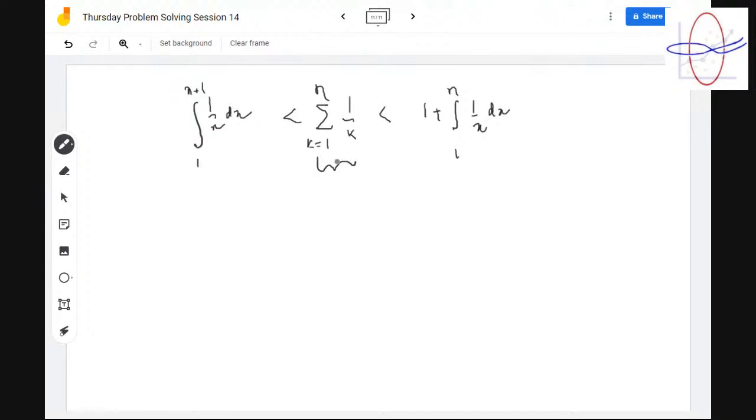So this is the idea, and let's do this calculation. It's log of n plus 1 is less than 1 plus half plus dot dot dot 1 by n, which is less than 1 plus log of n.